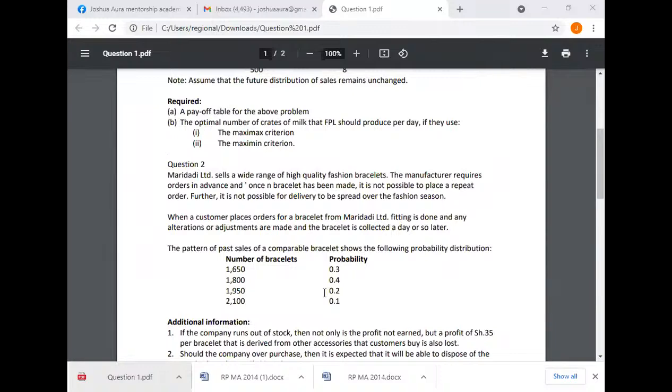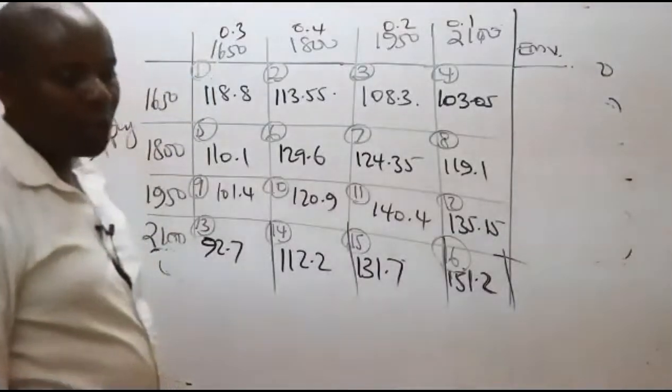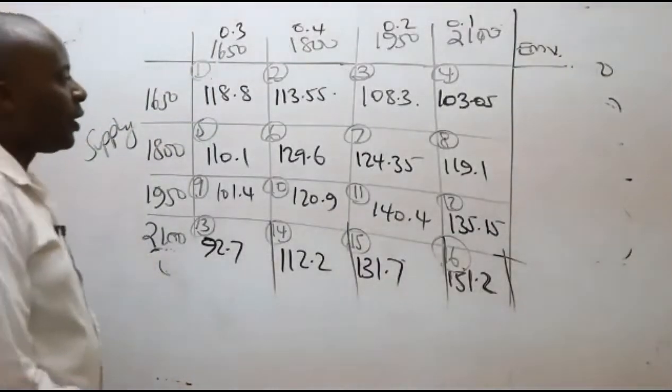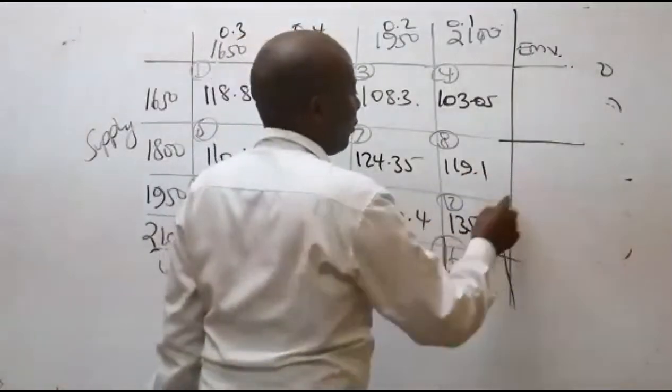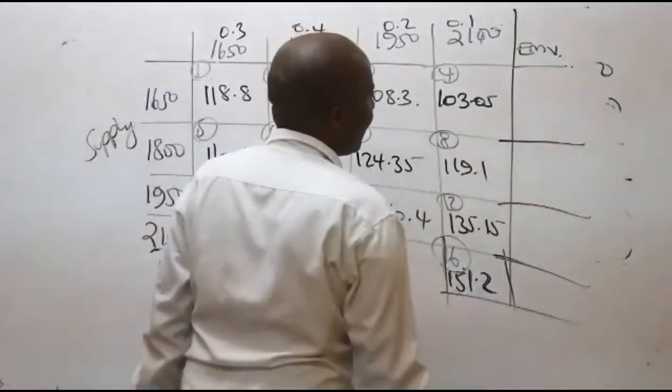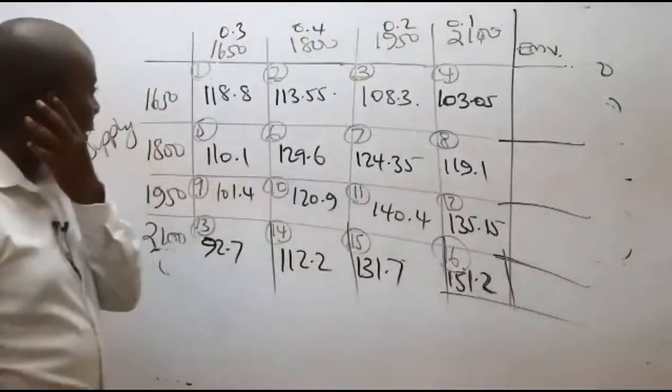So we have here 0.3, 0.4, 0.2, 0.1. So come here and give me expected monetary values. Kindly give us those figures very fast.